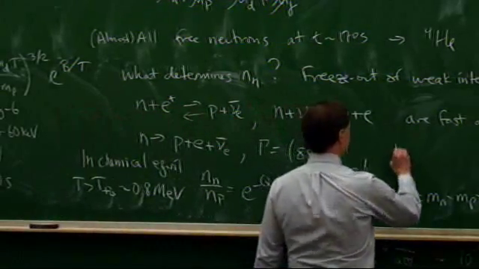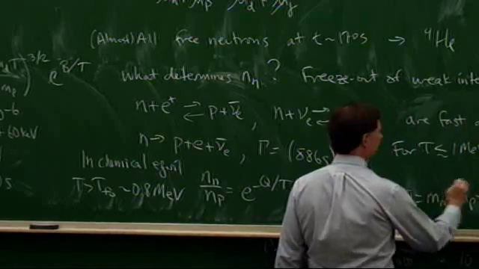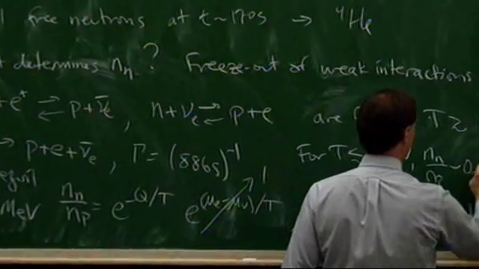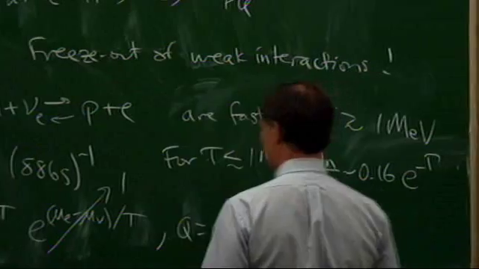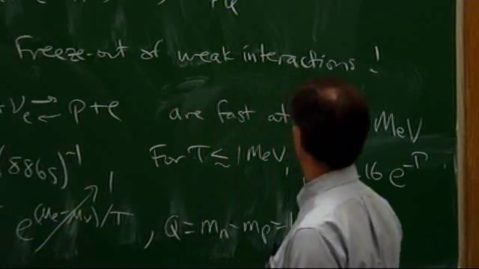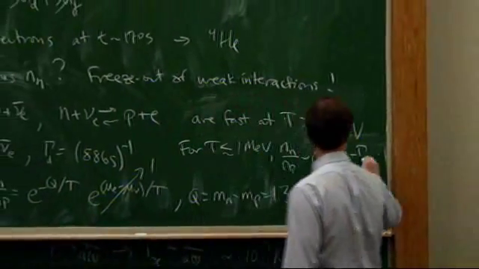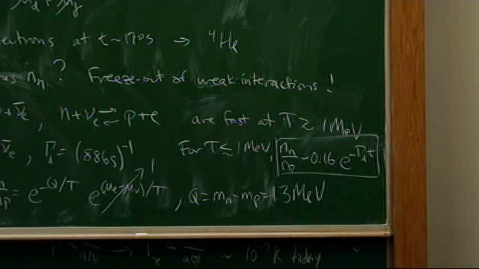So for temperatures less than about an MeV, the neutron to proton ratio works out to be about 0.16 from this exponential times e to the minus gamma sub d t, for neutron decay. And that's enough to give the information that will produce the residual helium abundance.